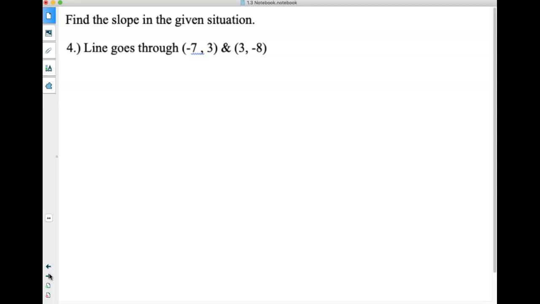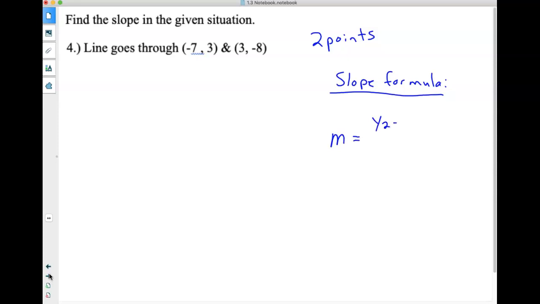So what we have here is 2 points. And to find the slope between 2 points, if you remember the slope formula, which you are really expected to truly remember, m talks about slope by taking y2 minus y1 over x2 minus x1, where I have any point, and my points are x1, y1, and my other point is x2, y2.